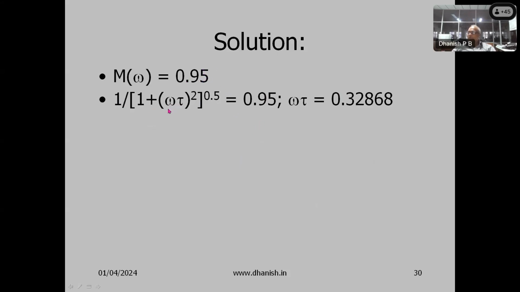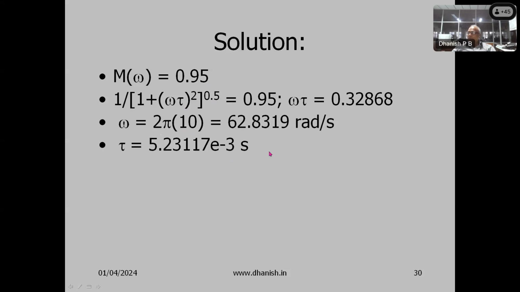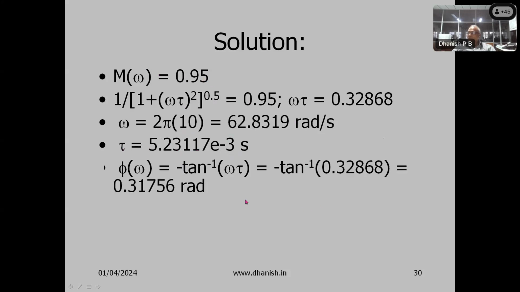So for that, 1 by root of 1 plus omega tau square is 0.95, so omega tau equals 0.32868. Omega is given, so the time constant should not exceed this value, so that the error will not exceed 5%.